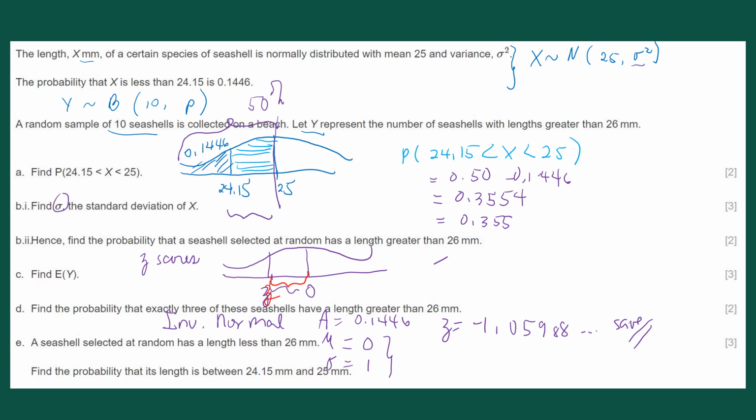When you use your CDF, you will be asked to give your lower bound.